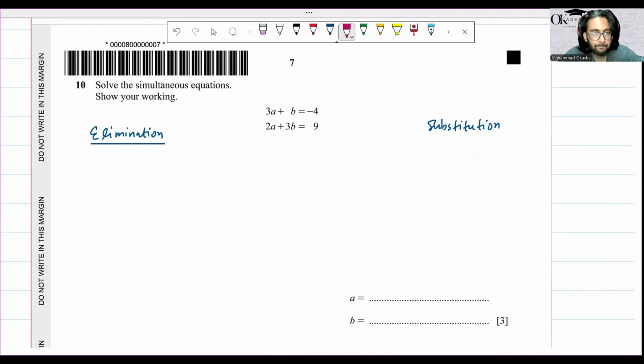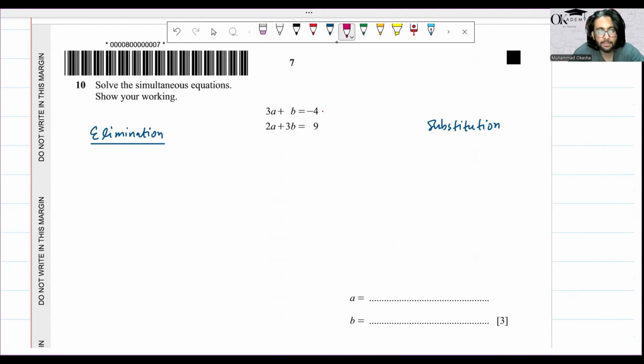I think if I somehow multiply the whole thing by -3, I will get a -3b here, which I can cancel out with +3b. That's a clever way of dealing with elimination.